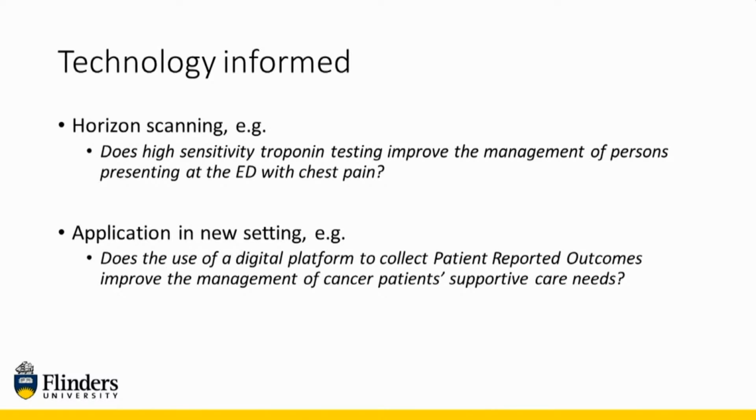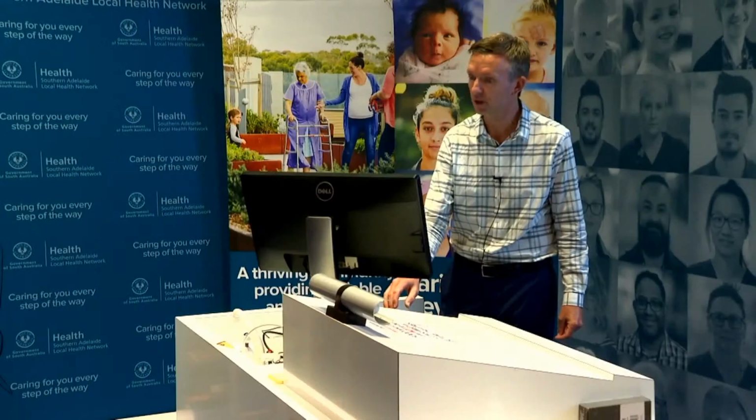Derek Chu led a large clinical trial where he'd identified high sensitivity troponin testing as a new technology that could improve the management of people presenting at the ED with chest pain. Bogda has been looking at the use of digital platforms to collect patient-reported outcomes to identify and improve management of cancer patients' supportive care needs.